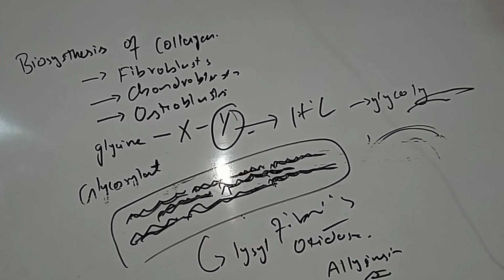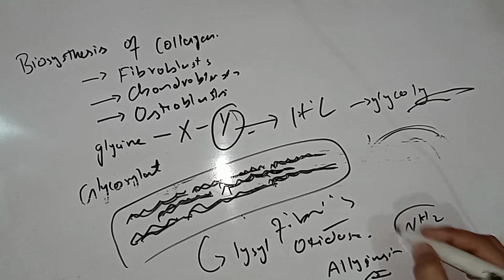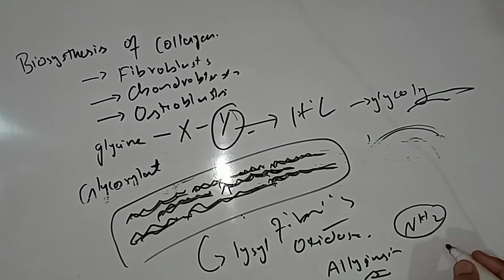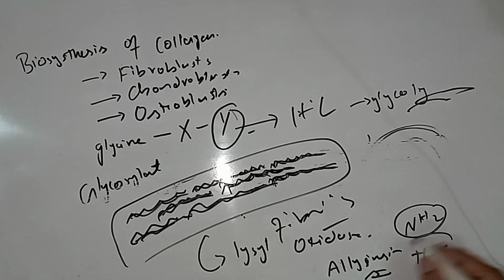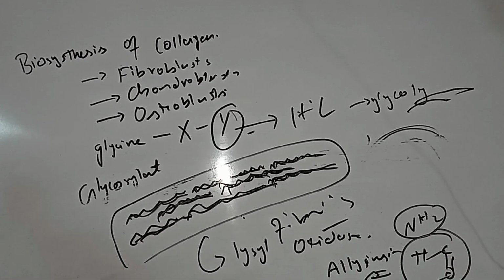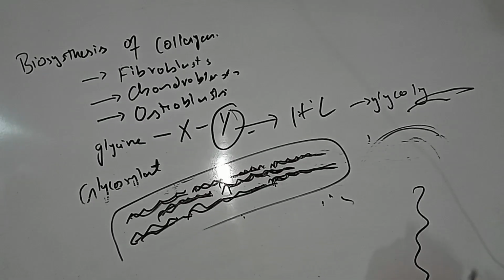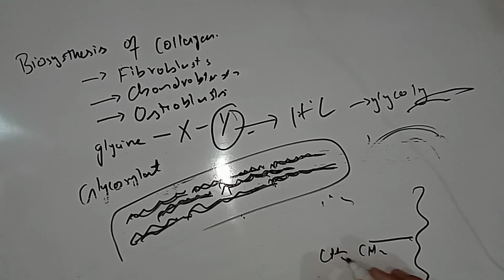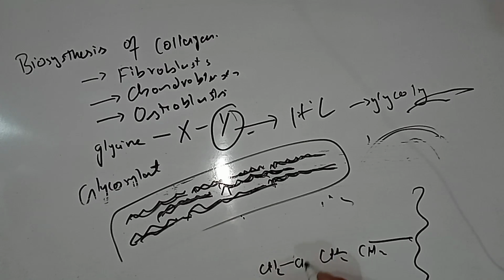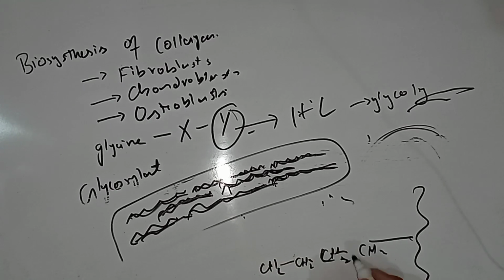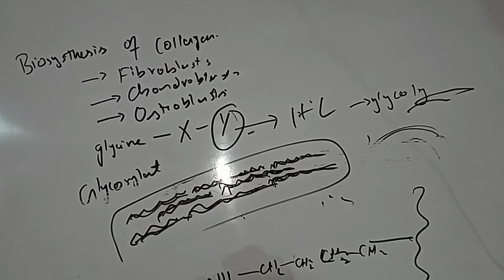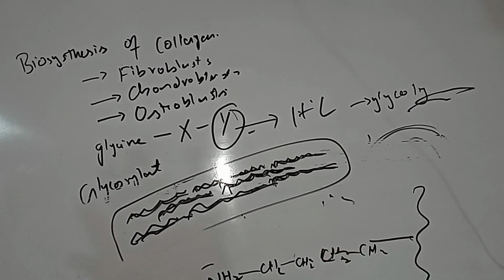It removes the amino group, the NH2 group, of the lysine and converts it into the aldehyde group, C double bond O, H. So let me elaborate structurally here. Supposedly this was the chain going on here, and if I draw the lysine structure, CH2, here is also CH2 and CH2, and here is NH2. This is supposedly a lysine residue of the collagen here.